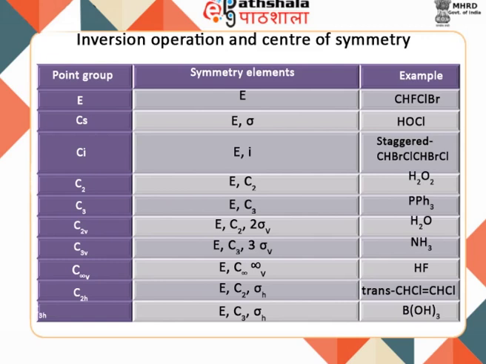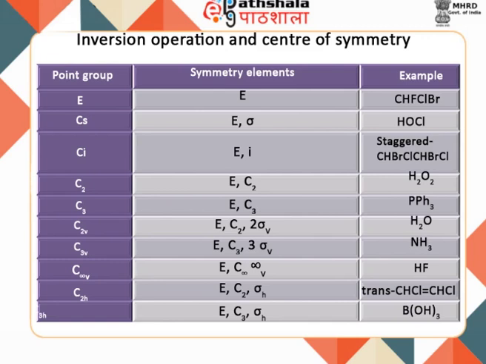The complete set of symmetry operations that can be carried out on a molecule is called its symmetry group. The symmetry group of a molecule is determined by the symmetry elements possessed by it.